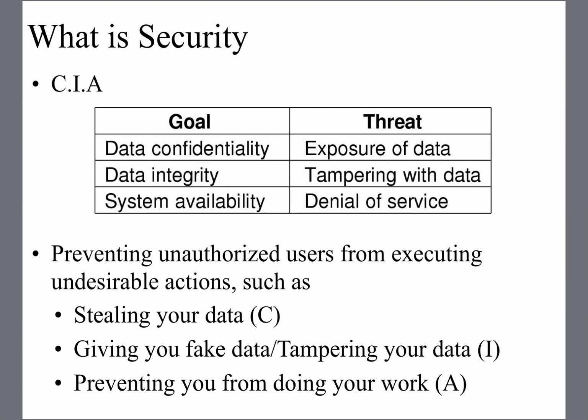Integrity means that no one should be able to tamper with the data if they don't have the correct authorization. And availability means that any system that handles your critical information or provides you critical services should not be subject to denial of service attacks.